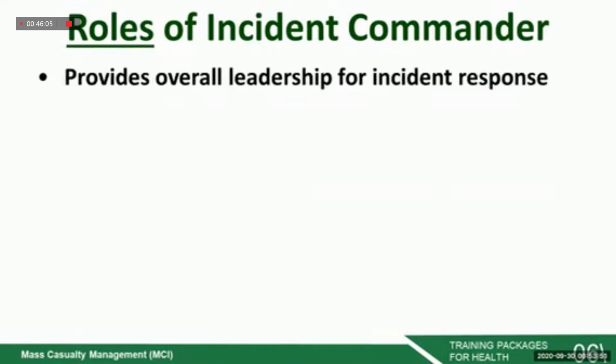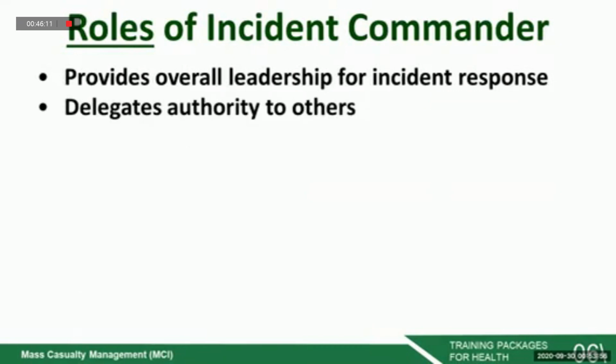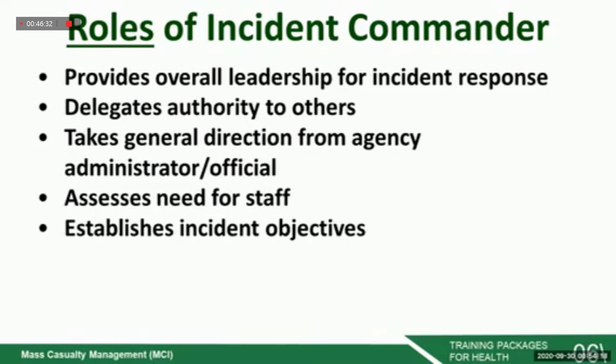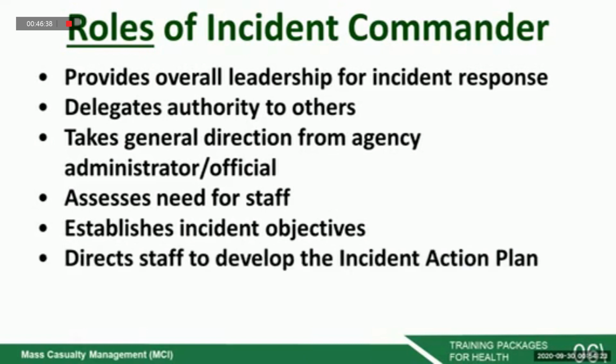So the role of the incident commander is that he or she is the overall leader for the response, delegates authority to others, and takes general direction from the agency administrator or official. We can call that official the RO, the responsible officer or responsible official. The IC can also assess the need for additional staff, establish the incident objectives together with your planning officer, and develop your IAP, or incident action plan.